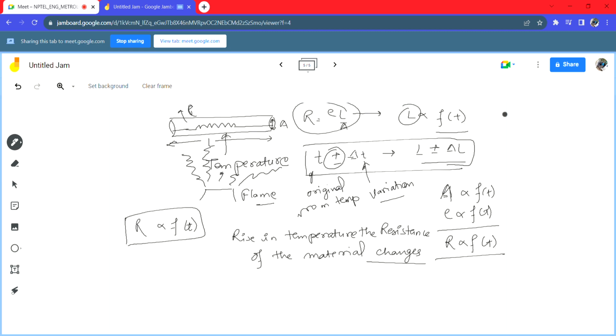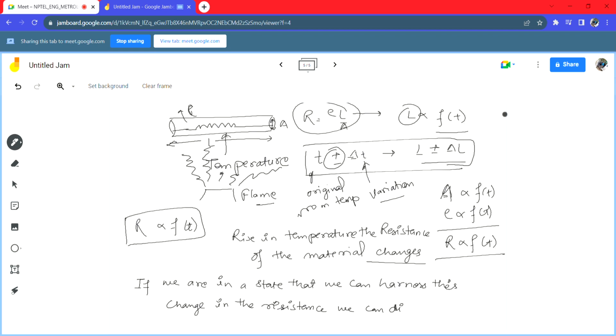So similarly, the temperature change can either increase the resistance or decrease the resistance. And now if we are in a state that we can harness this change in the resistance, we can directly harness the change in temperature.